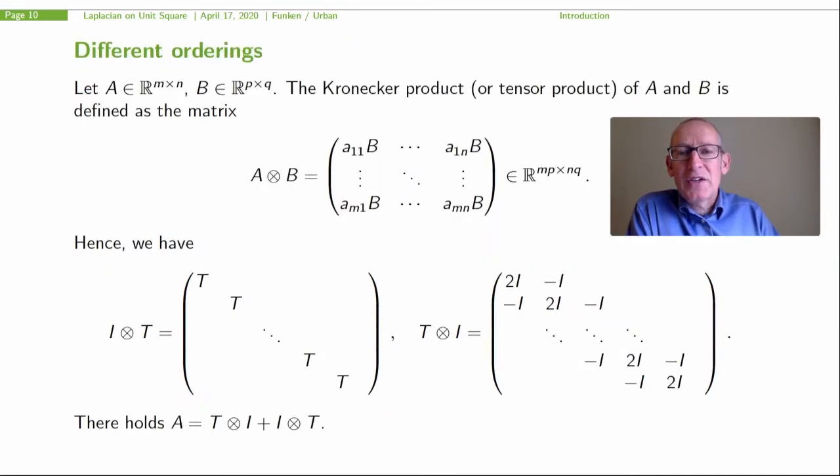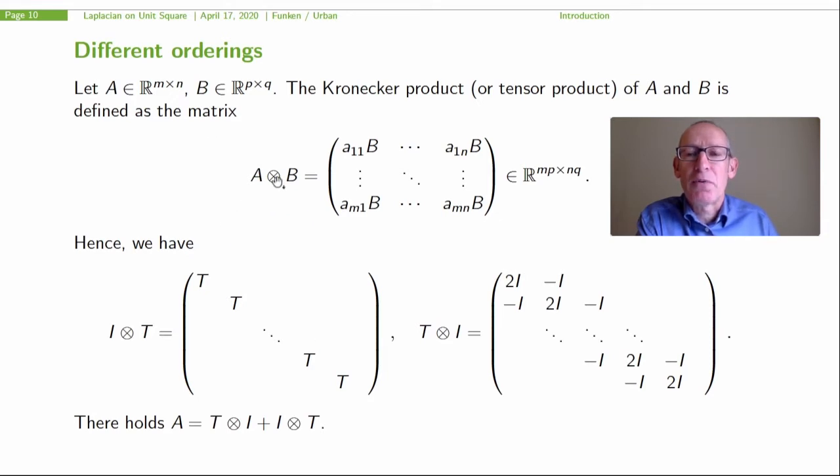A nice way to write this specific matrix in the lexicographic ordering is by using the Kronecker product. Probably it's unknown to you, but it's nice. And even when we would like to compute the eigenvalues of our two-dimensional Poisson problem, it can be easily written by using the Kronecker product, as you will see later.